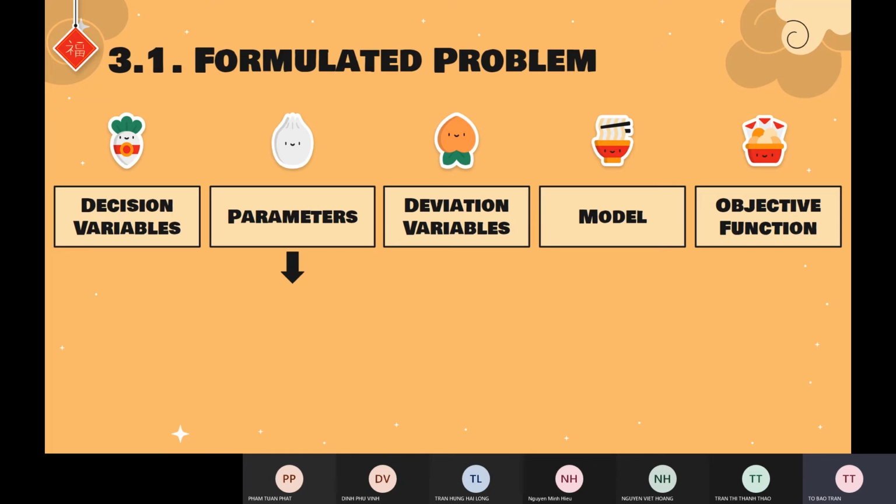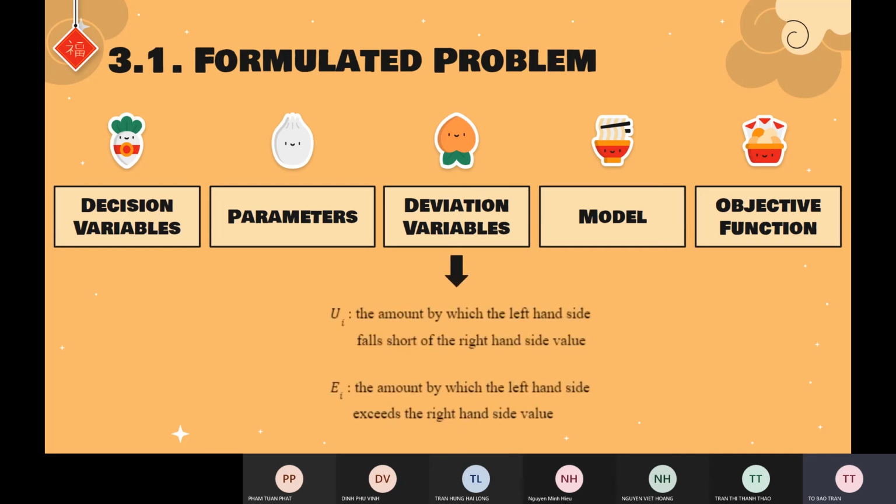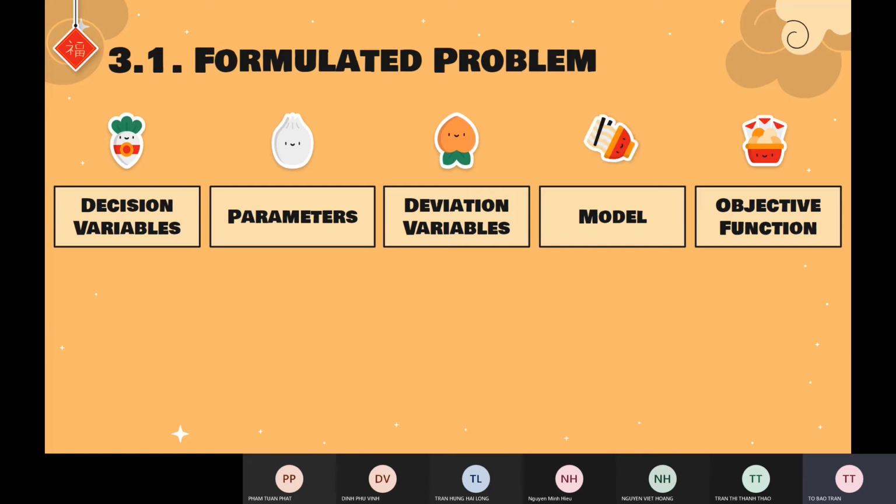And we of course define the deviation variables uj and ej. uj is the shortage, the amount by which the left-hand side falls short of the right-hand side value, and ej is the amount by which the left-hand side exceeds the right-hand side value. And now we get into formulating the goals.